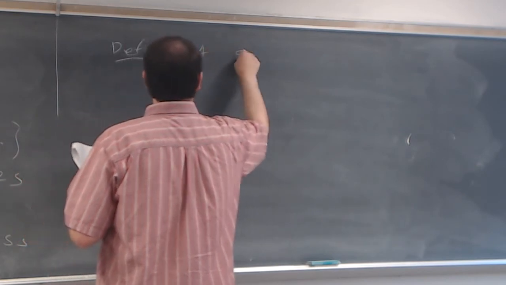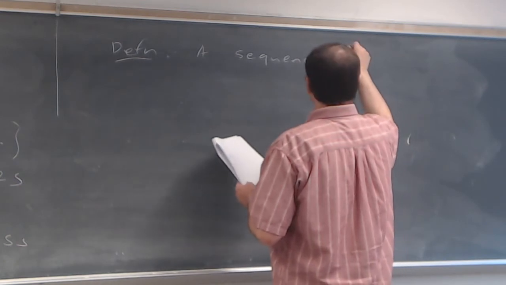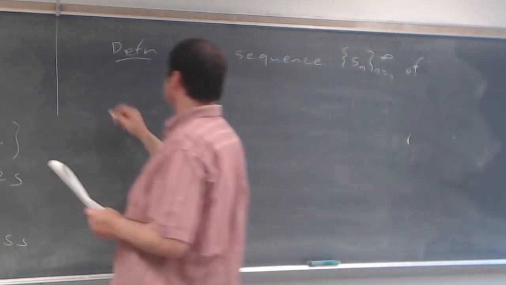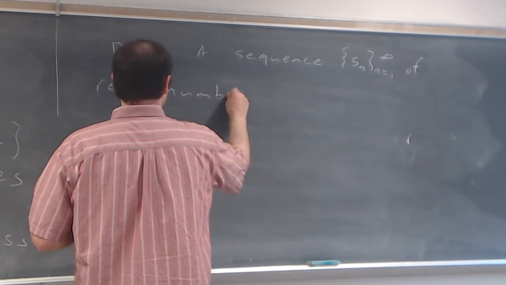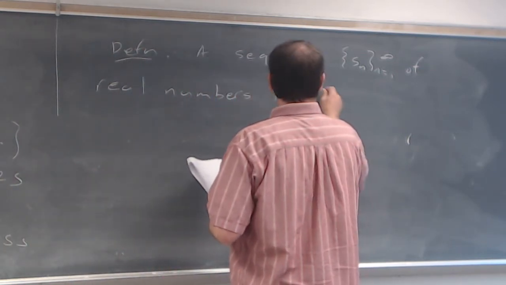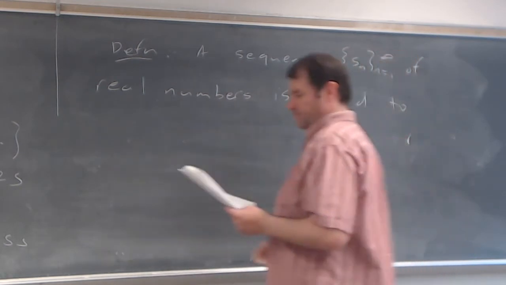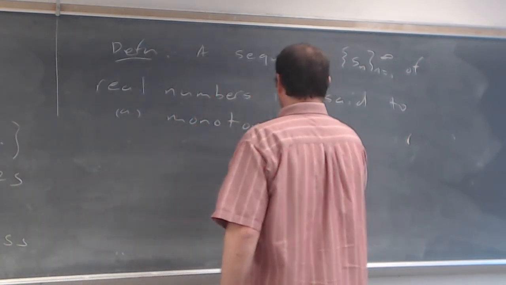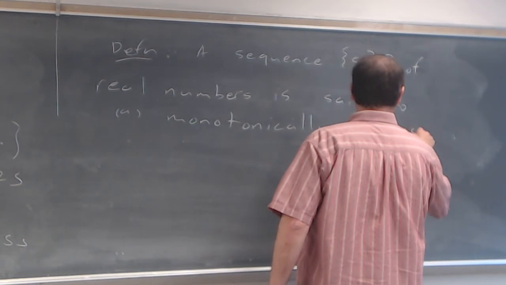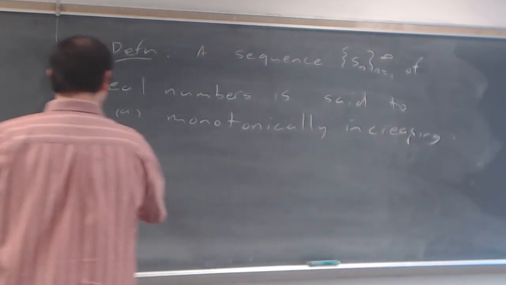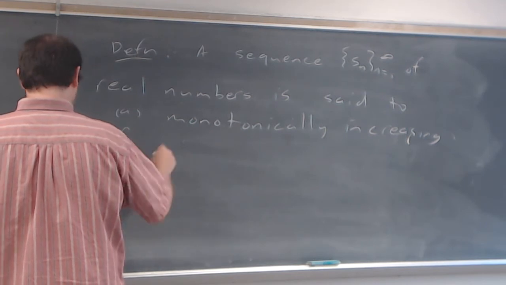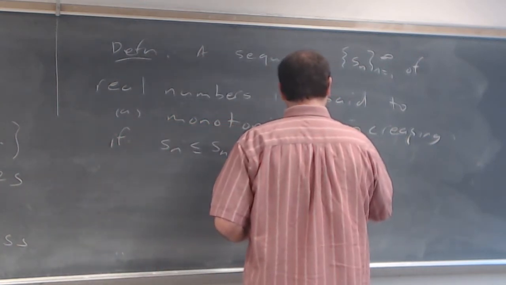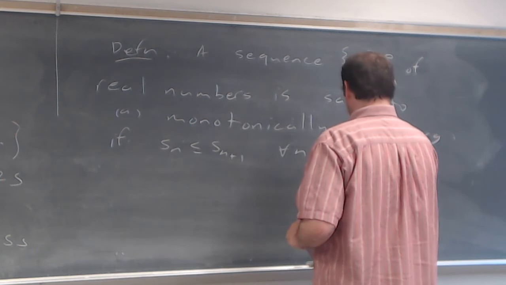We're going to say a sequence S sub n of real numbers is said to be, so we get two definitions, part A, monotonically increasing if S sub n is less than or equal to S sub n plus 1, and that's true for all n element of J, I should say.